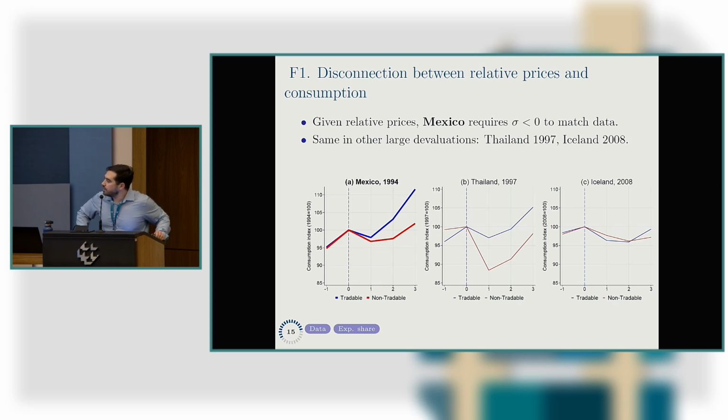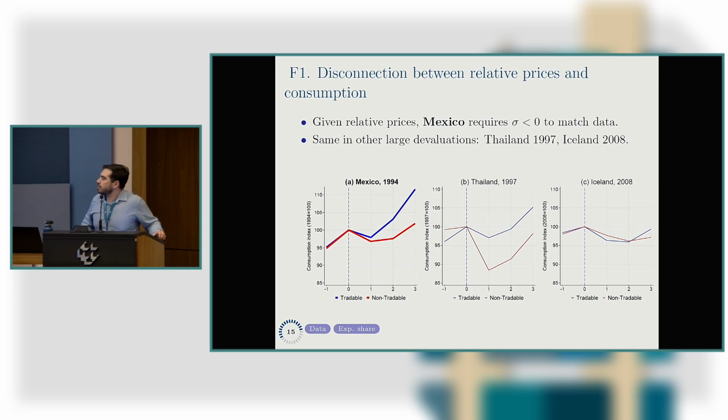First, this is national account data for Mexico, Thailand, and Iceland. In red is non-tradable, in blue is tradable consumption. This is annual data, and in the case of Mexico, after one year, as I just told you, non-tradable consumption declined by more than tradable consumption. This is unexpected, because if we have a huge exchange rate devaluation, we expect consumption of tradable to decline by a lot.